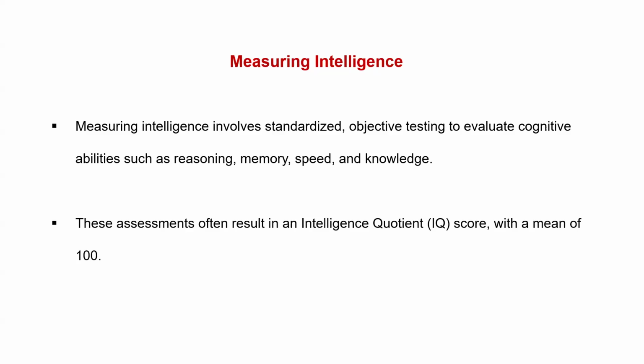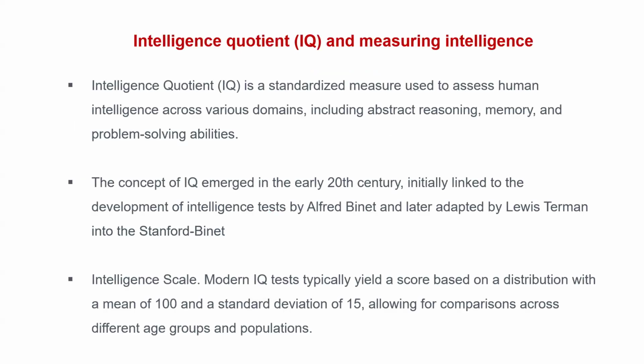They are accepted by all the countries. These assessments often result in an intelligence quotient. That's why we say IQ scores with a mean of 100. We say the IQ level of the students. Now let's say, what is IQ?